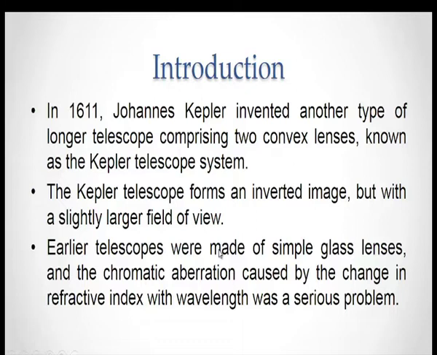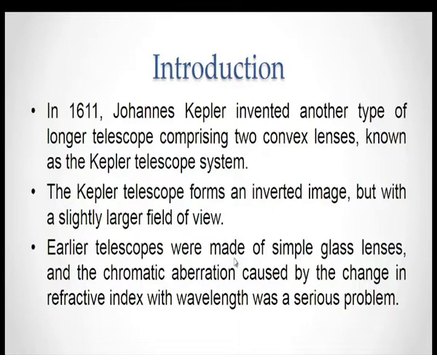After the introduction of Galileo optical telescope, in the year 1611, Johannes Kepler invented another type of longer telescope comprising 2 convex lenses, known as Kepler telescope system. In Galileo telescope, some drawbacks are there: spherical aberration, chromatic aberration, like that. Various defects are there in the image produced by Galileo telescope.